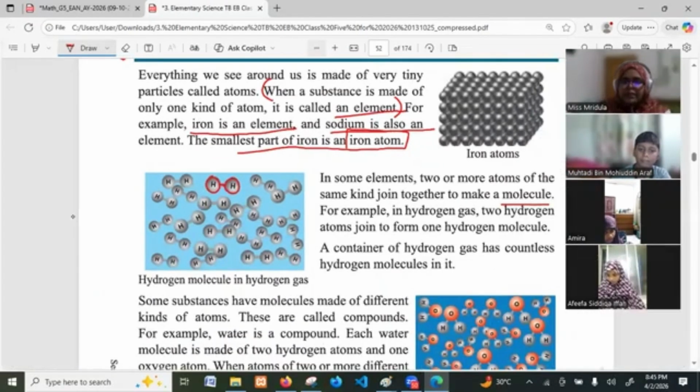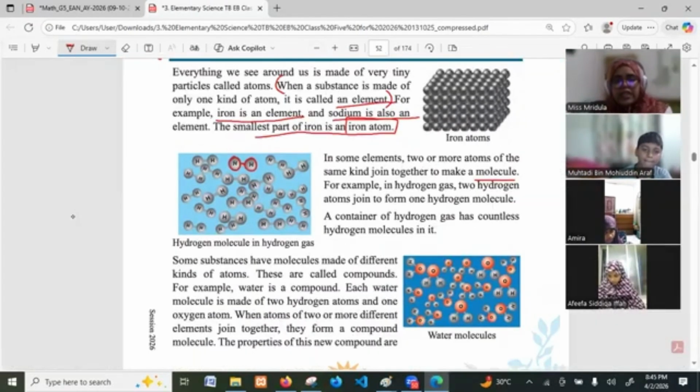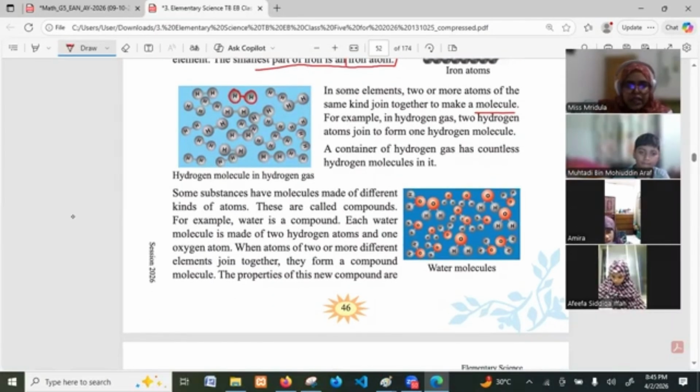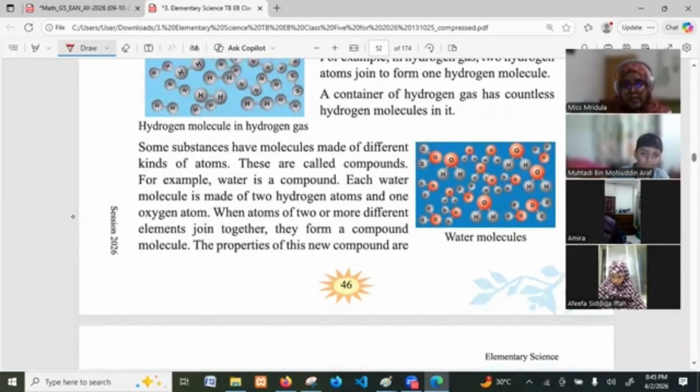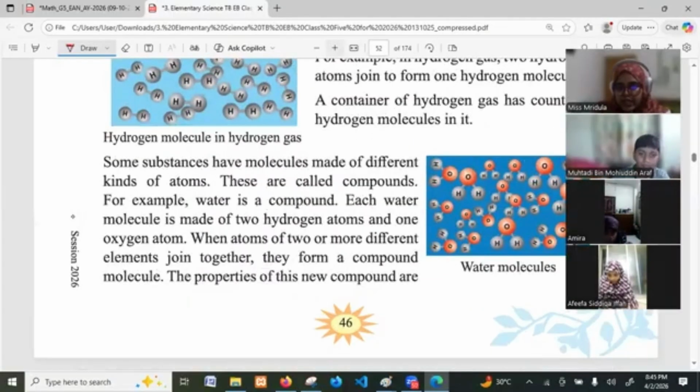Okay. For example, a container of hydrogen gas has countless hydrogen molecules in it. Then we have a different one where you can see O and H, right? 2 atoms of H and 1 atom of oxygen are forming a molecule of water.